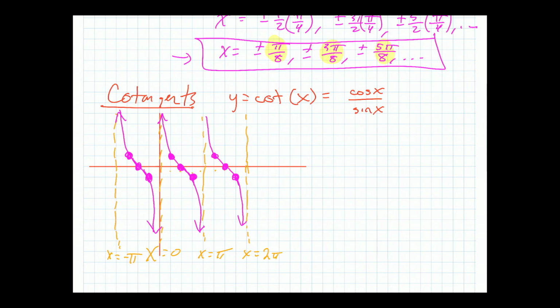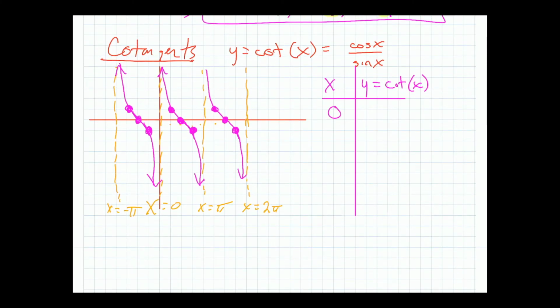Okay, and so the x and the y values for the cotangent are a little bit different than the ones for the tangent. First of all, what we want are different x values. So it goes 0, quarter period, half period, 3/4 period, 1 period. And then the y values go d and e.